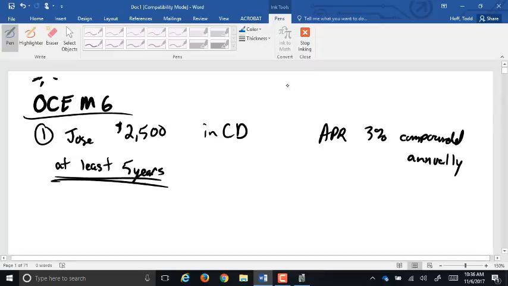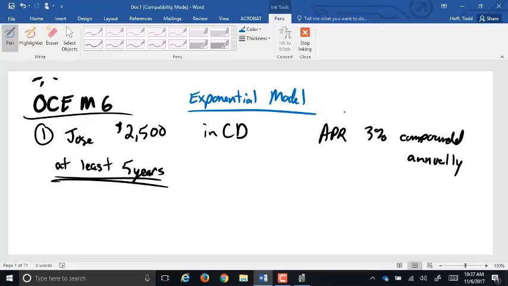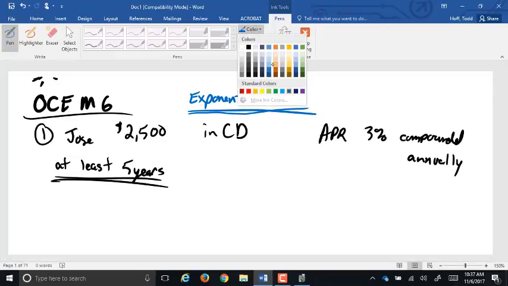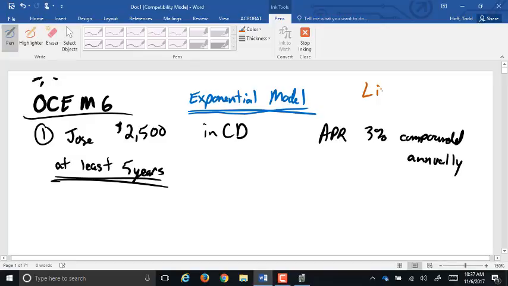Now we've worked at making these generic models. Remember, this is what we called an exponential model. Can anybody tell me why it's called an exponential model? Well, remember, our other type of model we had was a linear model.